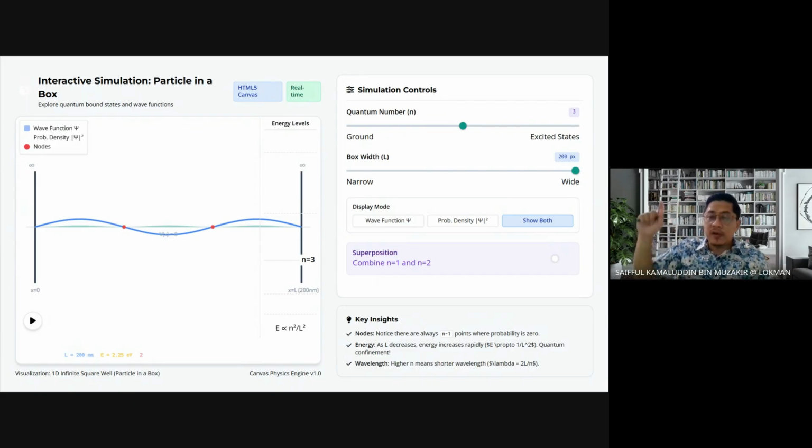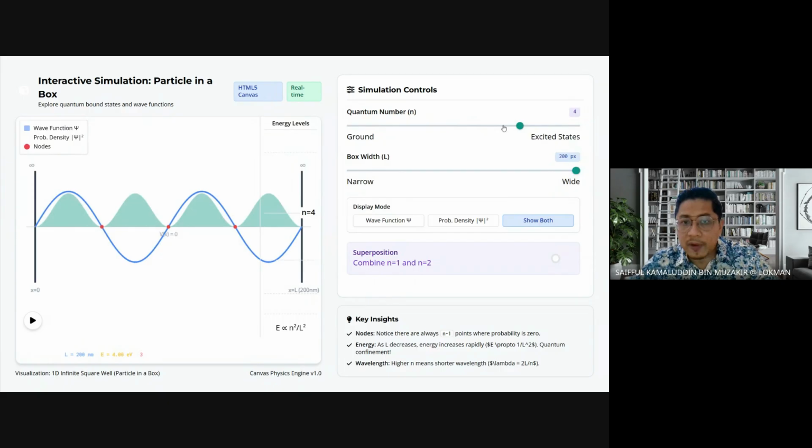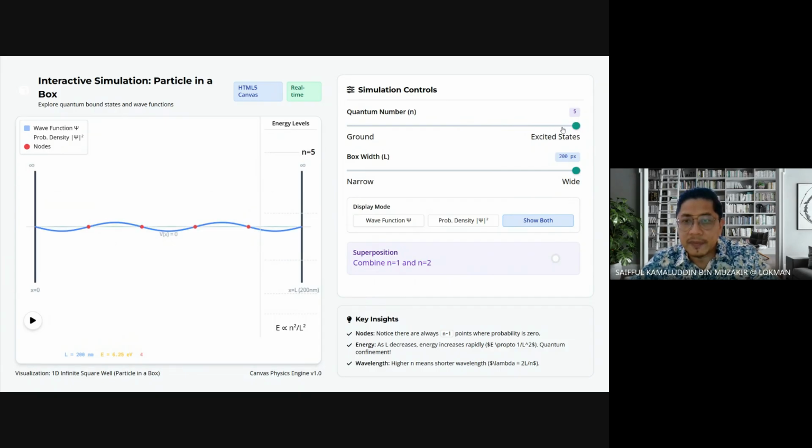How about E4, square of 4, means 4 kali 4, 16 times bigger than E1. Itu maksud dia. Nampak ni. Ni E3, E4, 16 times even bigger than the E1. E5, 25 times even bigger than the E1.